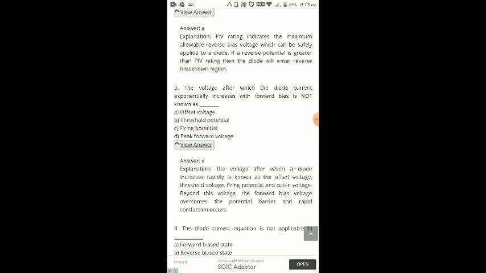See, you have to understand and remember all those extra words. We may remember it as cutting voltage only. But here we have three different terms: offset, threshold, and firing. These were already mentioned in your class, but you may not have remembered.